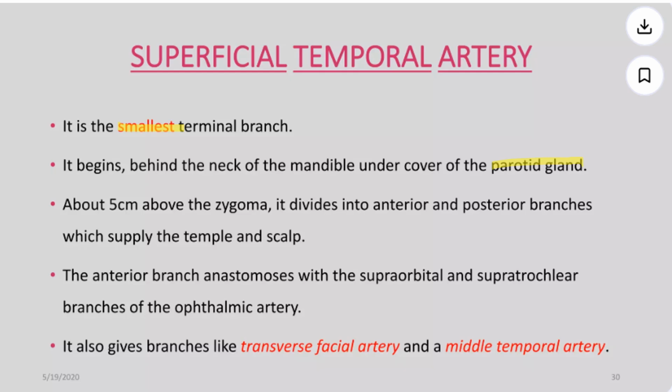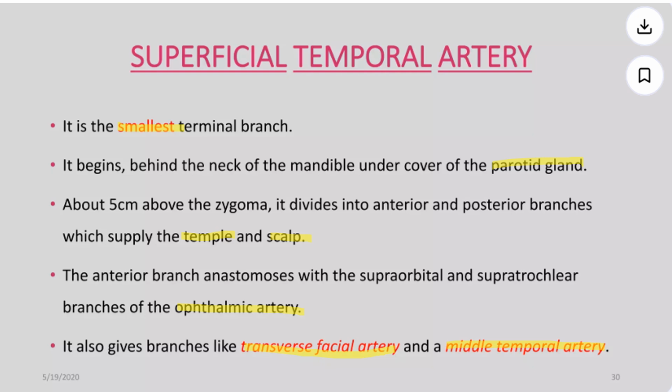It divides into anterior and posterior branches which supply the temple and the scalp region. The anterior branch anastomoses with the supraorbital and supratrochlear branches of the ophthalmic artery.